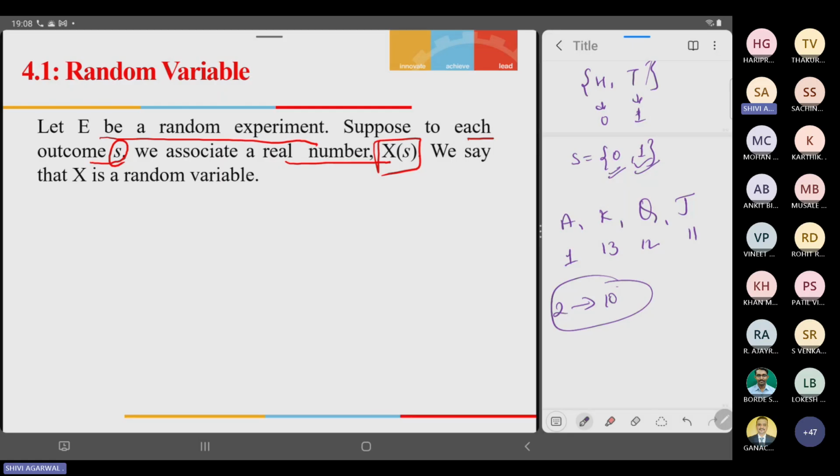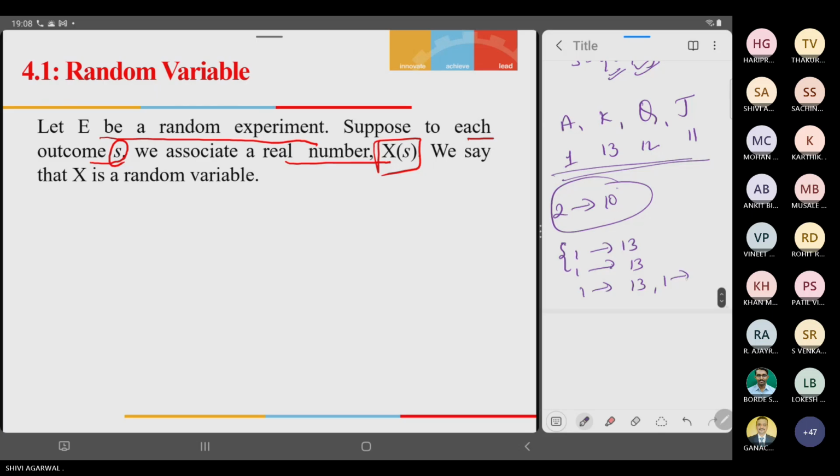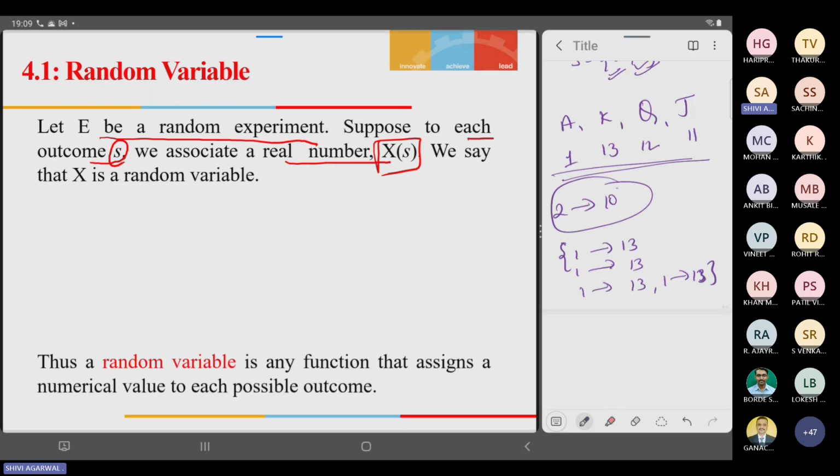So we are just adding these 4 numbers also. The sample space becomes 1 to 13 for each of the 4 suits, 1 to 13, 1 to 13, and again 1 to 13. That makes 52 cards. So we are not using ace, king, queen, and J, we just quantize the values here. Okay, that is the concept which we are using here.